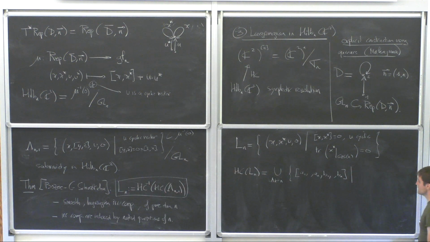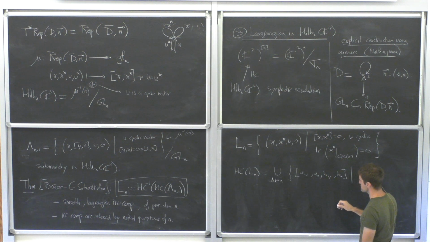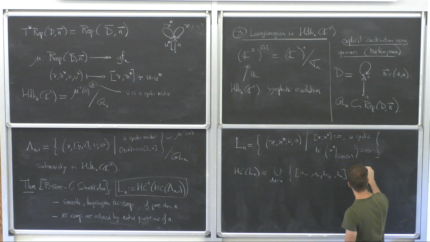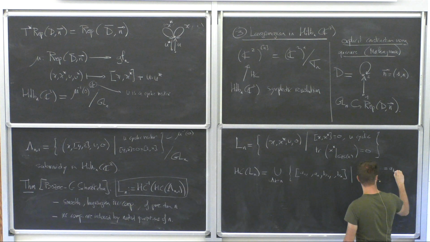For every one of those partitions, you will have equations like lambda k equal up to lambda k plus 1.